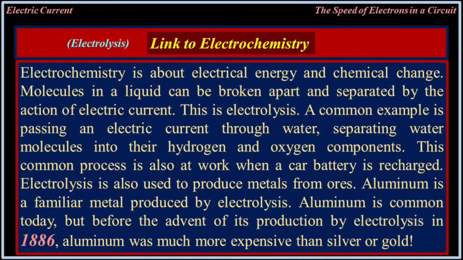This common process is also at work when a car battery is recharged. Electrolysis is also used to produce metals from ores. Aluminum is a familiar metal produced by electrolysis. Aluminum is common today, but before the advent of its production by electrolysis in 1886, aluminum was much more expensive than silver or gold.